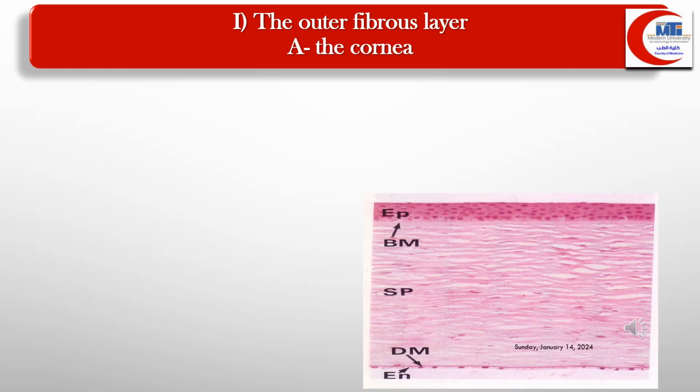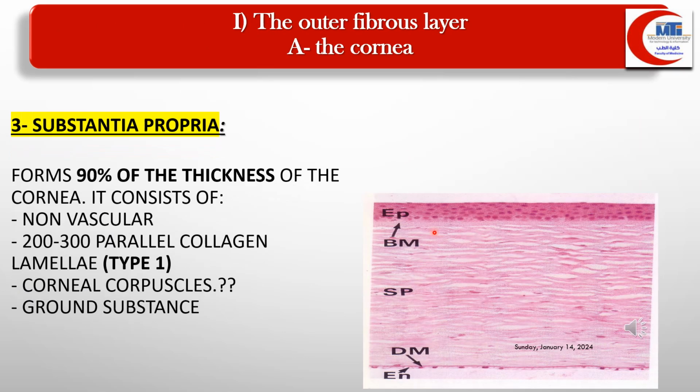The third layer of the cornea is substantia propria or the stroma of the cornea. It forms about 90% of the thickness of the cornea.